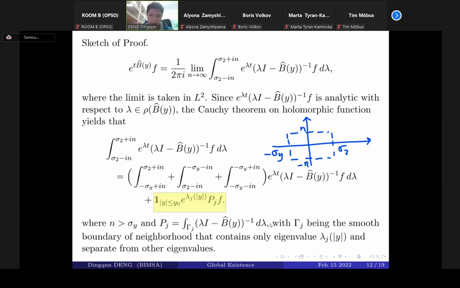In this way, we can first estimate this projection. When we take the absolute value, the lambda j first order is pure imaginary, so it's actually 1. The second order is negative.